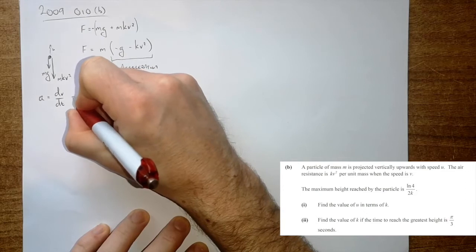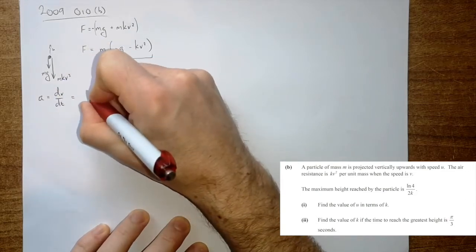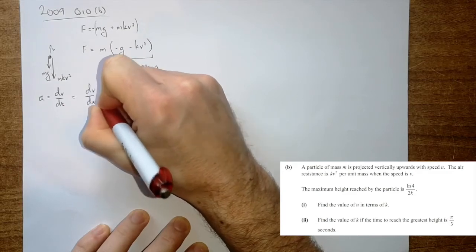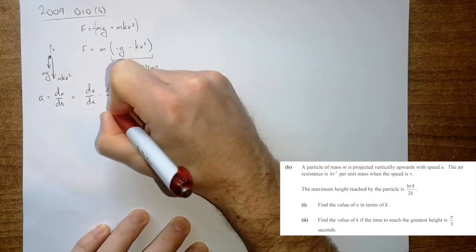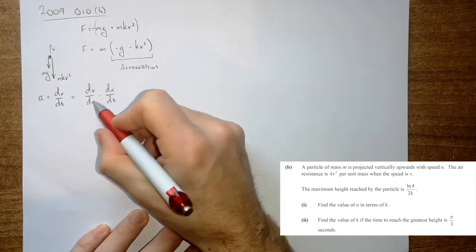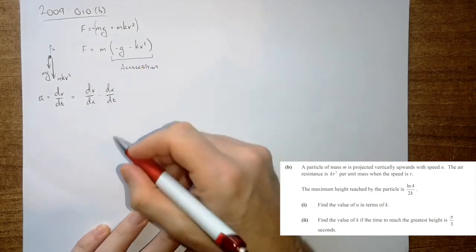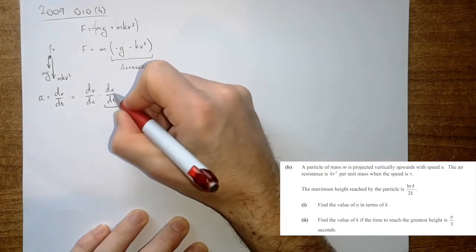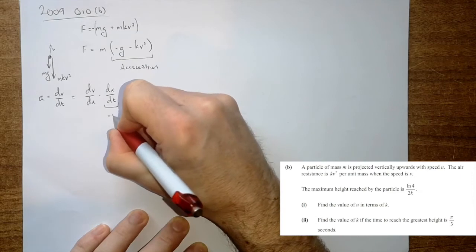Another way to look at dv/dt is this little trick, where we have dv/dx times dx/dt, where x is our displacement. These basically cancel and you get back to dv/dt. This here, the change in distance with respect to time, is equal to v.